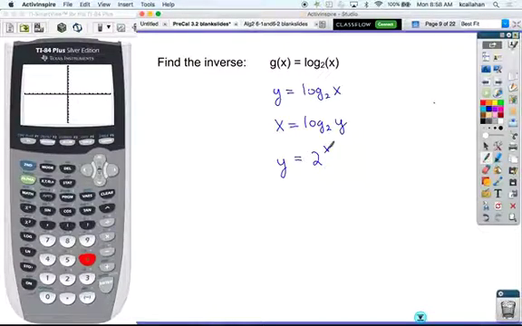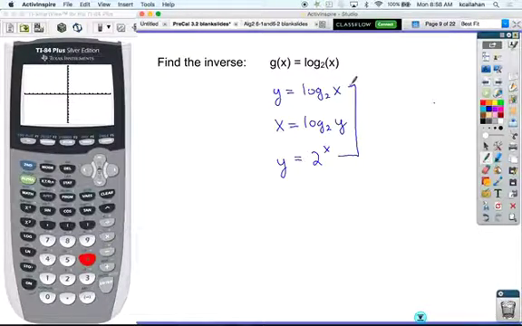So what you notice is logarithms and exponentials are inverses of each other. They undo each other, just like squaring undoes a square root. Logarithms undo exponentials, exponentials undo logarithms. So when we get to solving equations, if we have an exponential equation, we'll take the logarithm of both sides.